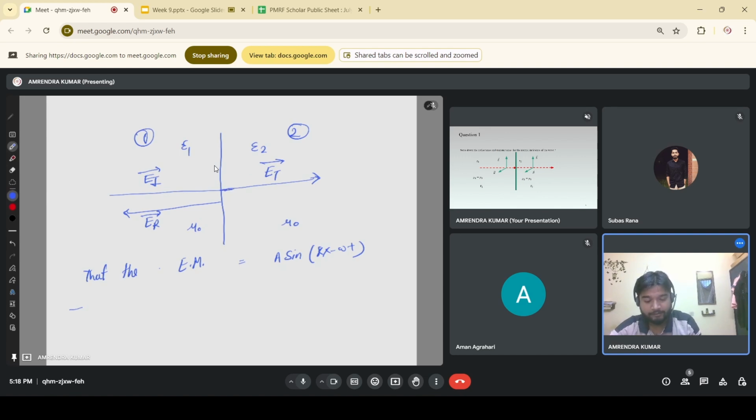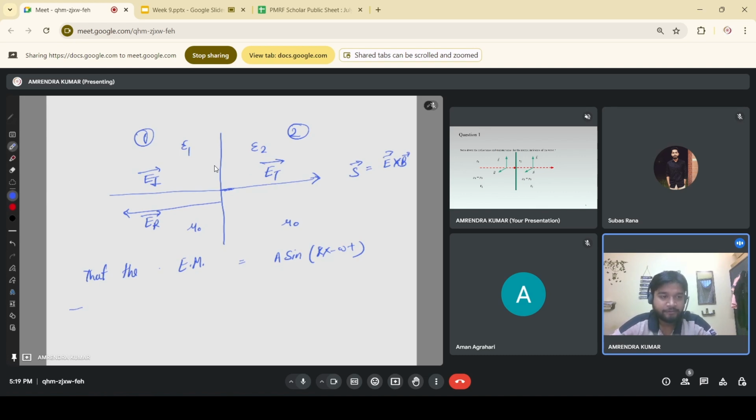Now, what is the propagation direction? Last time the direction was E cross B. Sorry, this was the Poynting vector, and it tells in which direction the wave is propagating.